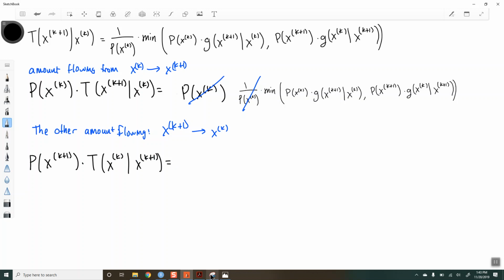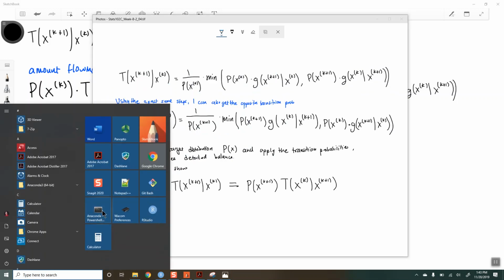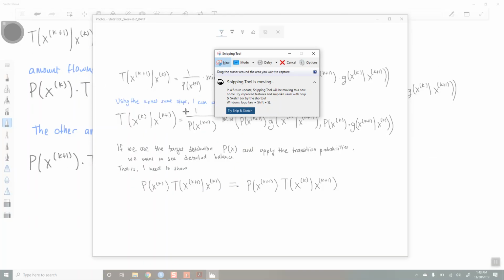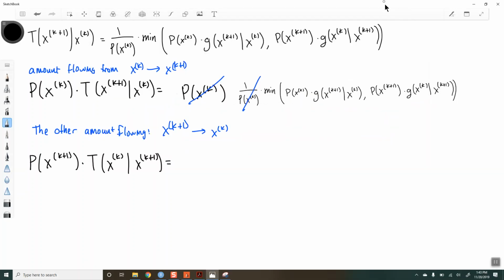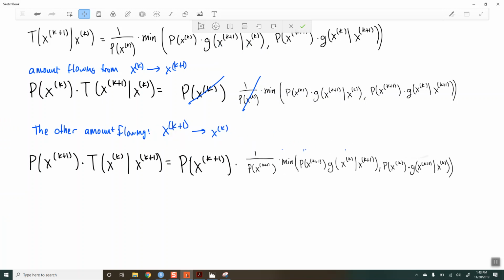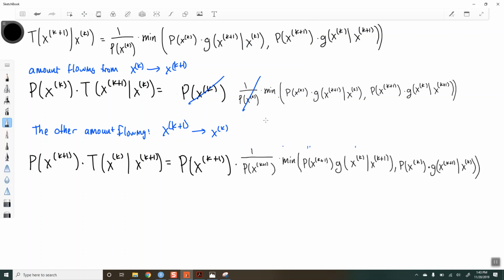I'm going to copy this thing. So now I've got the probability of xk plus 1 times this thing, and this cancels with this, and we have this.